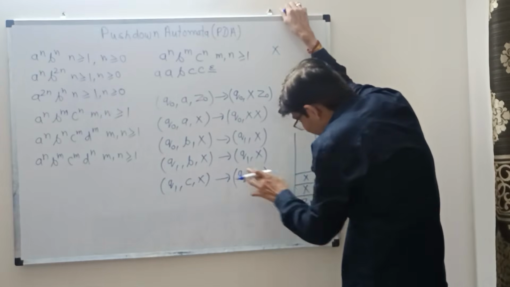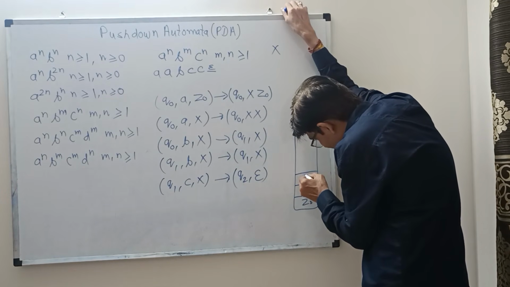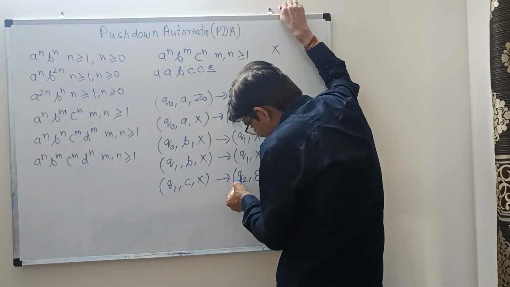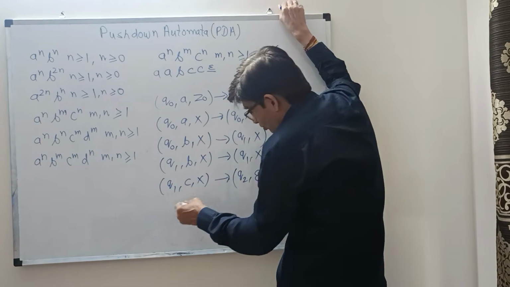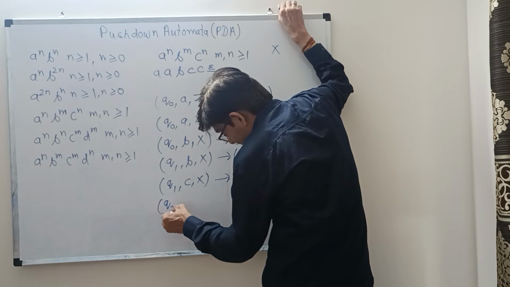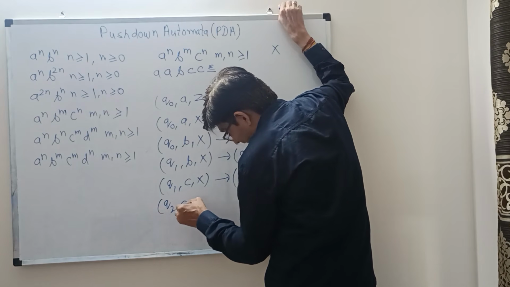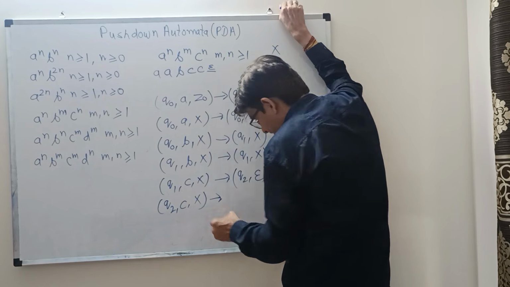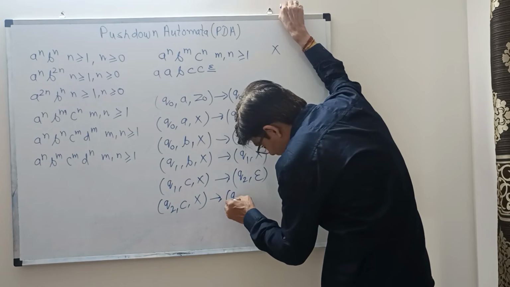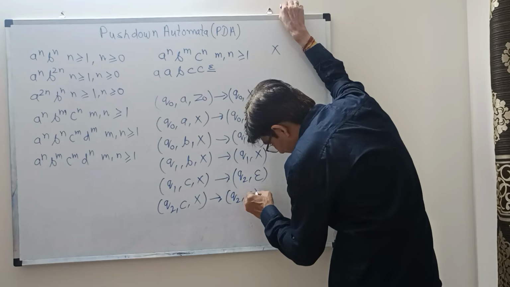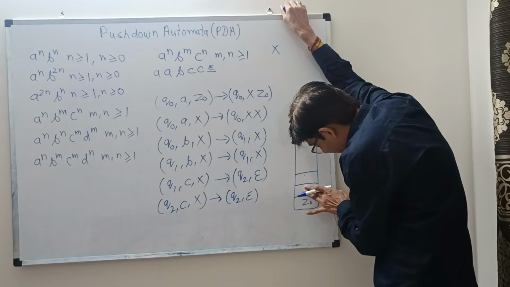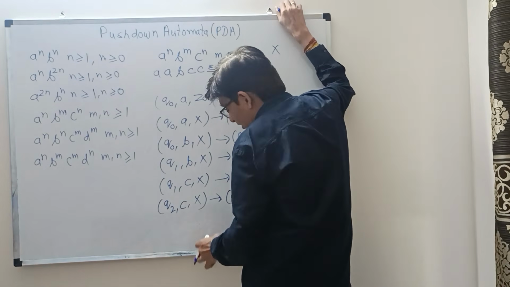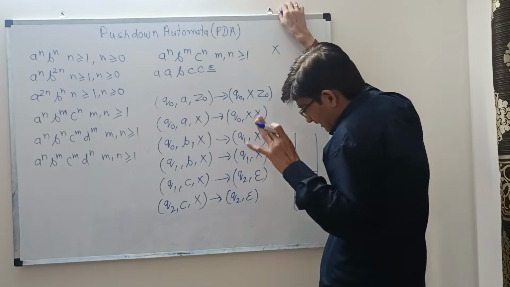So after reading the second C, you remove this X also. Now you can use this rule to remove any number of C's.